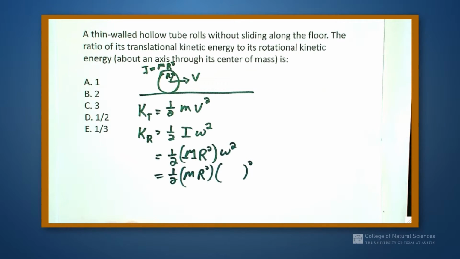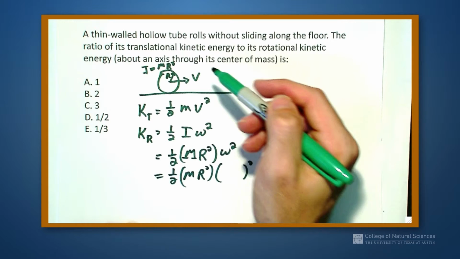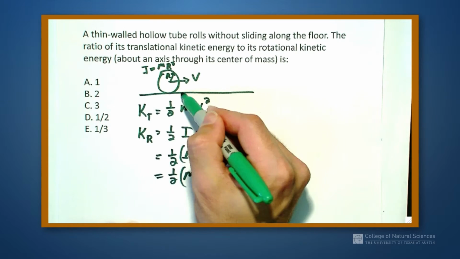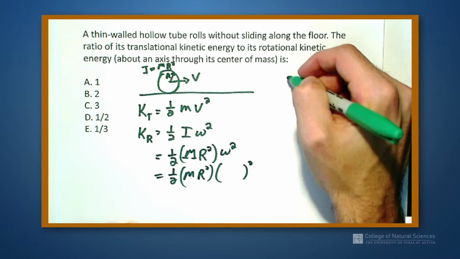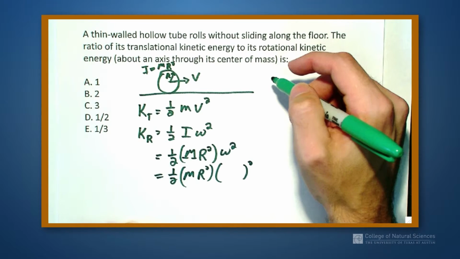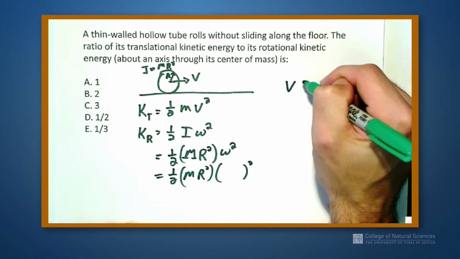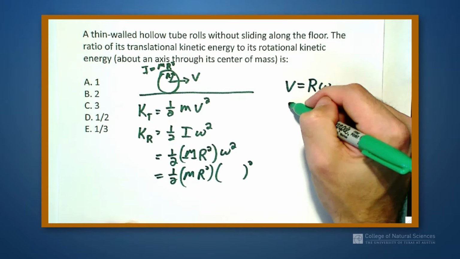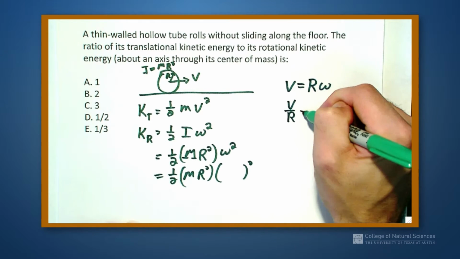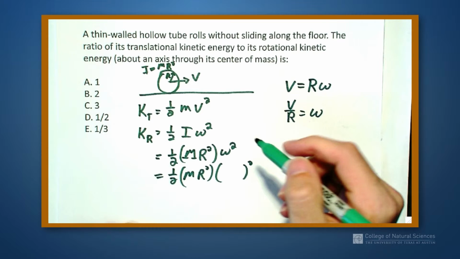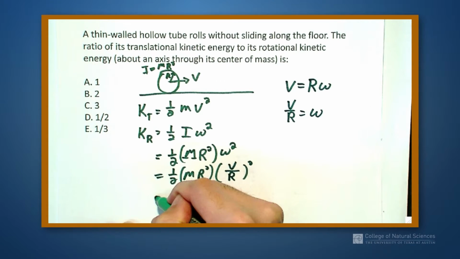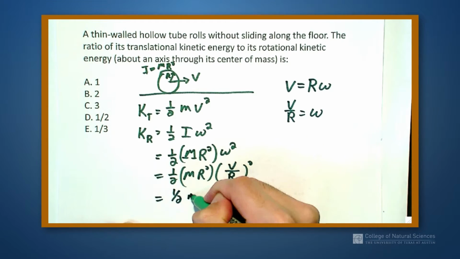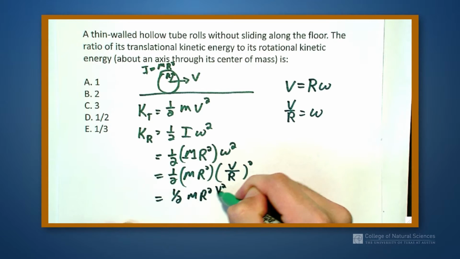Well, if this thing is spinning at omega, that means the ground is moving underneath it at some velocity, and I know how that relates. I know that the velocity is equal to r omega, or v over r is equal to omega. So v over r. And if I simplify this, I have mr squared times v squared over r squared.